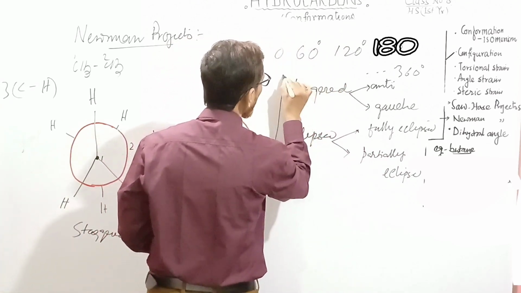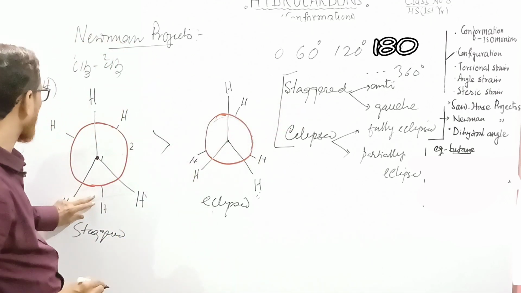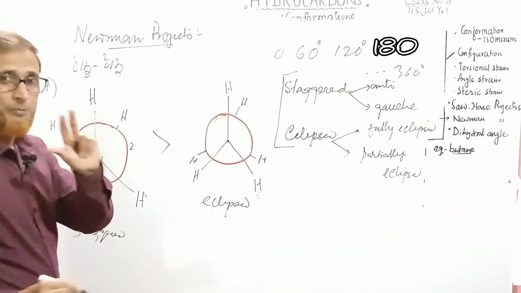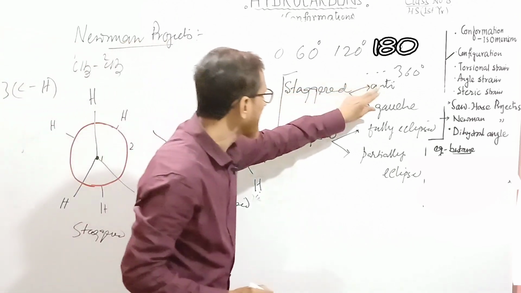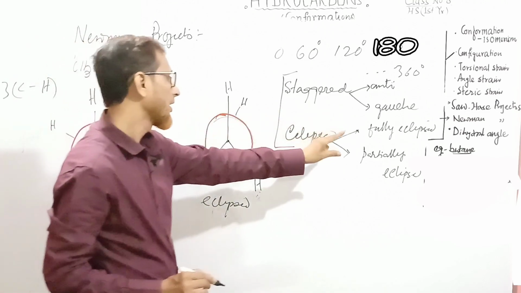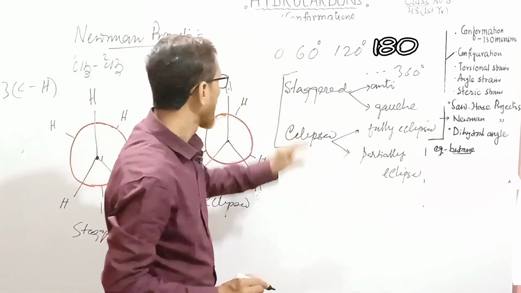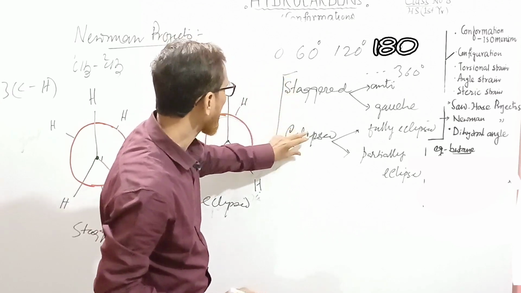Am I right? So we have got staggered. No doubt, out of this staggered, we will explain it later on. We will get anti-staggered and Gauche form, and in eclipsed we will get total or fully eclipsed or partially eclipsed. So we have got staggered, eclipsed.